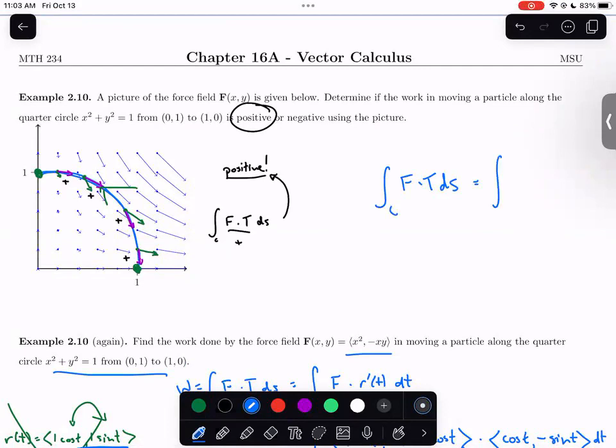If you allow for the shorthand of negative C, which is where I go along the same curve but in the opposite direction, so in this case I went from (0, 1) to (1, 0), like this. If you go along the same curve but in the opposite direction, that's what I mean by negative C, then these are just off by a negative sign.